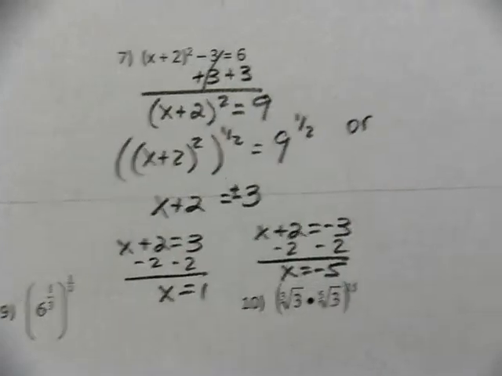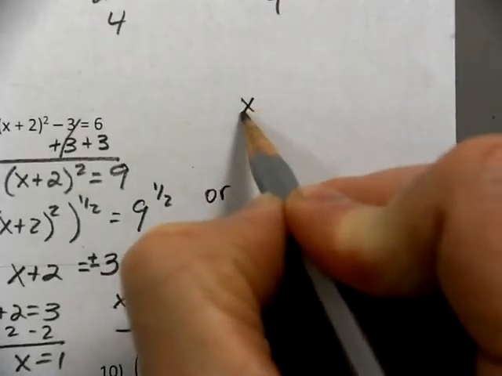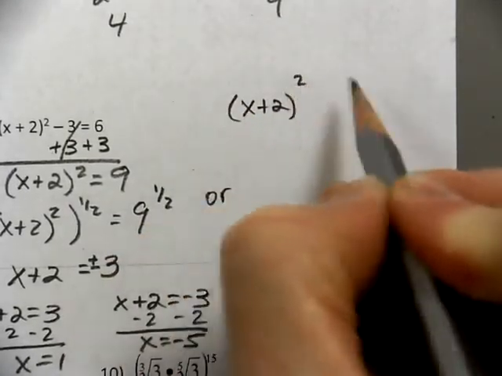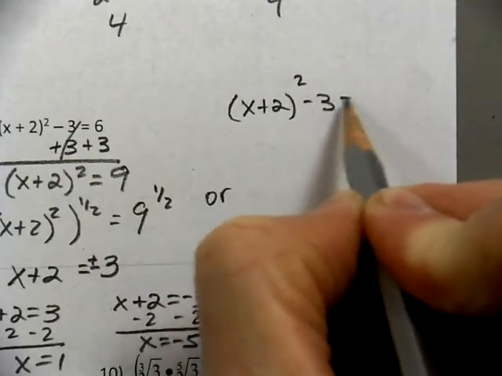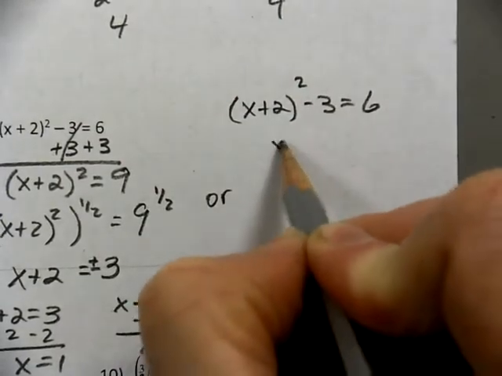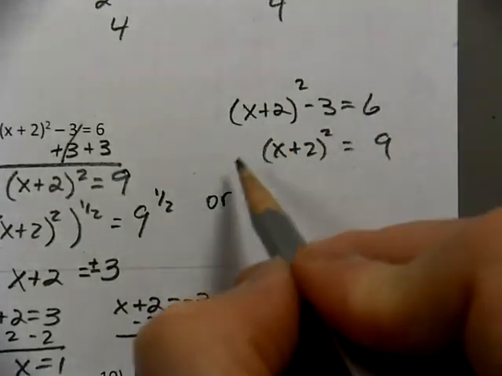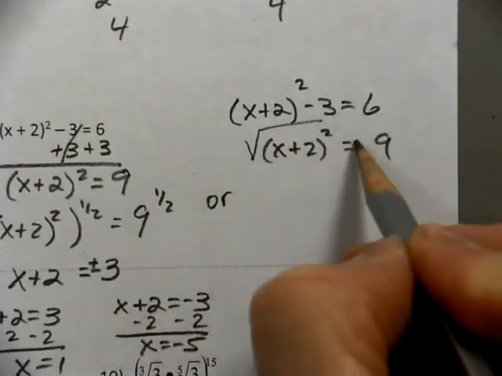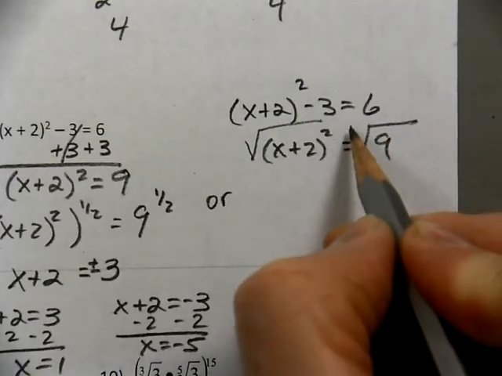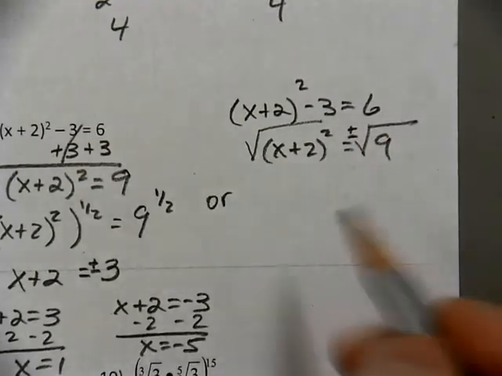Maybe another way you would see this would be x plus 2 squared minus 3 equals 6. We add our 3 to the other side. We take the square root of both sides, and when you do that, you do plus or minus that side.